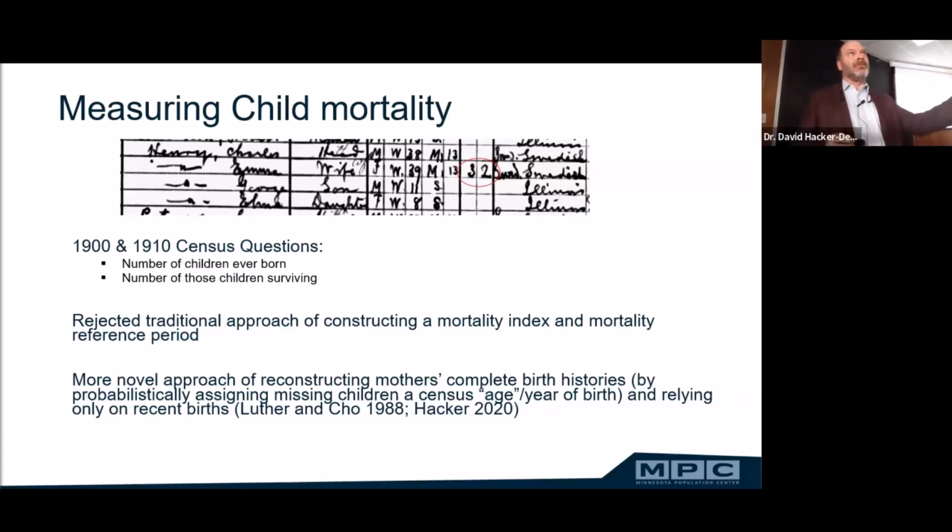You know, a woman age 70 had 4 children who were deceased. When were they born? You're trying to measure segregation very close to the point child mortality took place. So what we do is reconstruct mothers' complete birth histories. And let me show you how we do that.